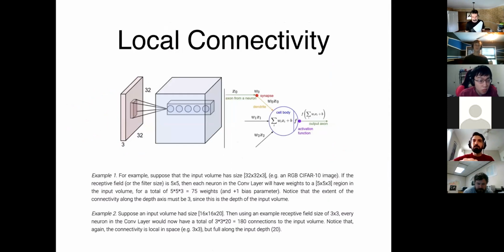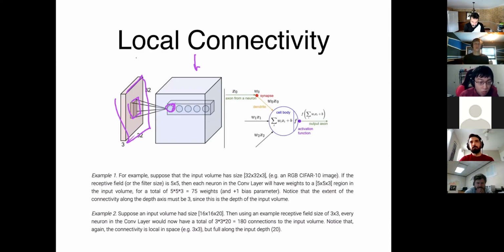And we talk about this local connectivity. Each of these is again a neuron inside this 3D volume that is locally connected. Instead of being connected to the whole image, it's locally connected to only part of the input, right?